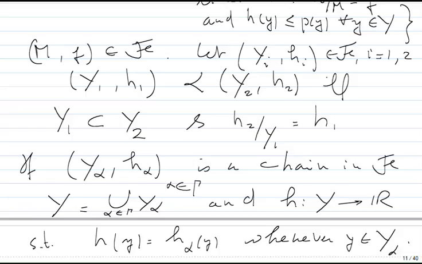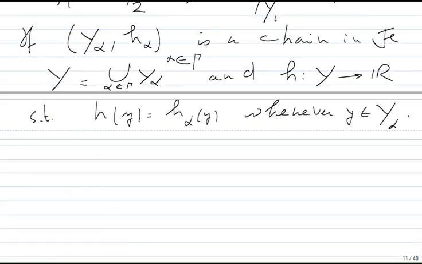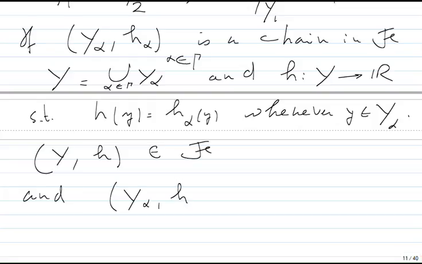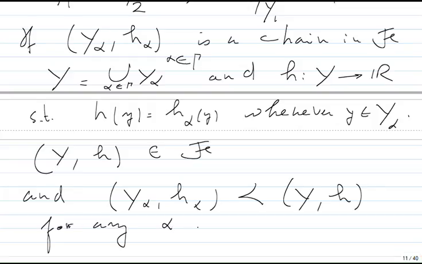Okay, there is no problem, and we can see that (Y, H) belongs to F. H is linear, it extends f, and you have that control, of course, because of the h alphas. And (y alpha, h alpha), all of them are indeed smaller than (Y, H) for any alpha in gamma.